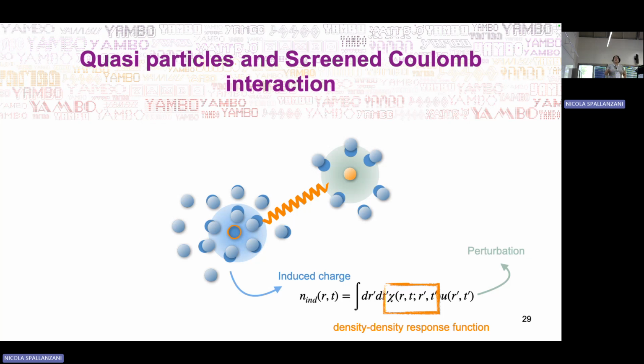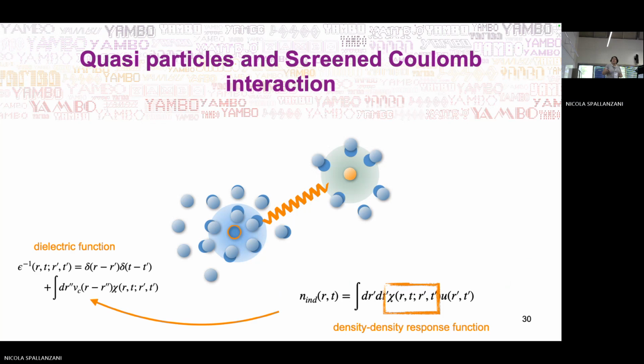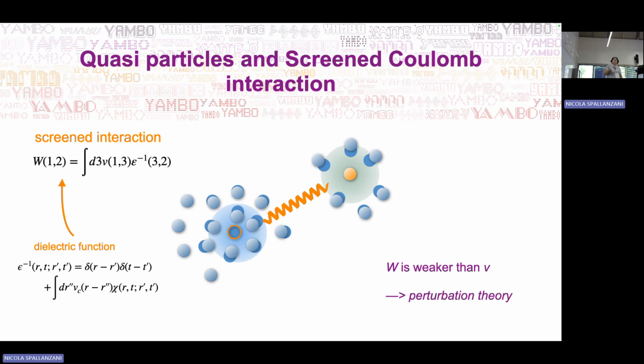We have this perturbation. Let's say we have a hole in a certain place. That is our perturbation. It will induce a charge in the vicinity that is related with the density response function of our system. This response function defines a dielectric function, and in its turn, it's possible to define a screened interaction, this W, that is the original Coulomb interaction screened by the induced charges in the vicinity of our original charge.